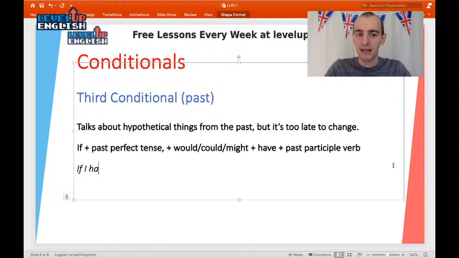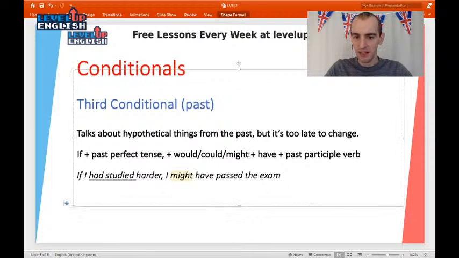If I had, let's use the example again. If I had studied harder, that's past perfect. If I had studied is past perfect tense, very difficult. I might have passed the exam.